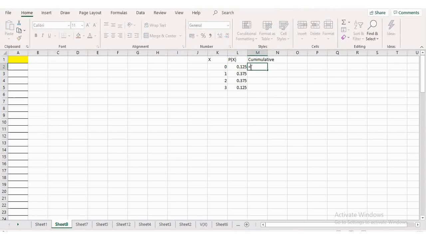First, this is itself here. What about this? This plus this one. You guys are getting? What about this? This plus this one.